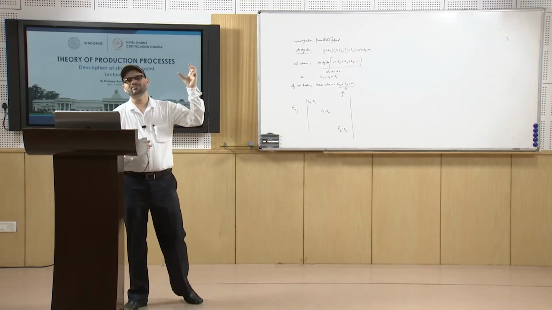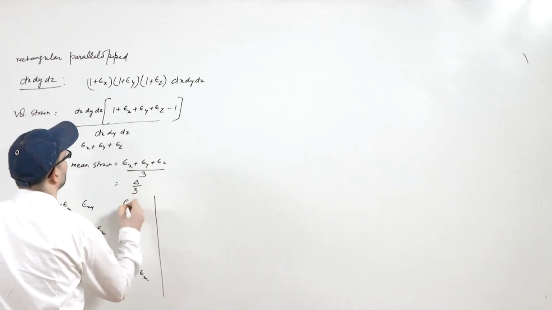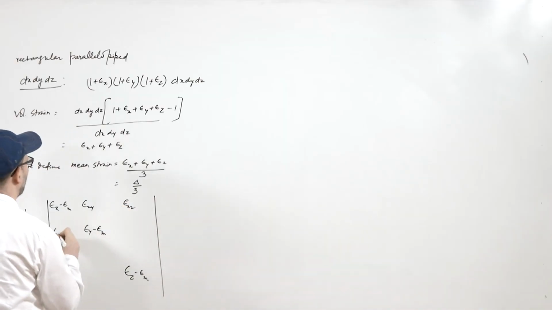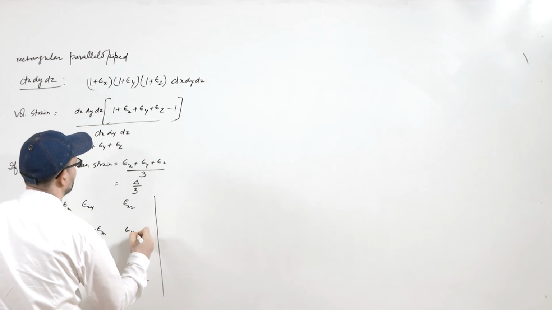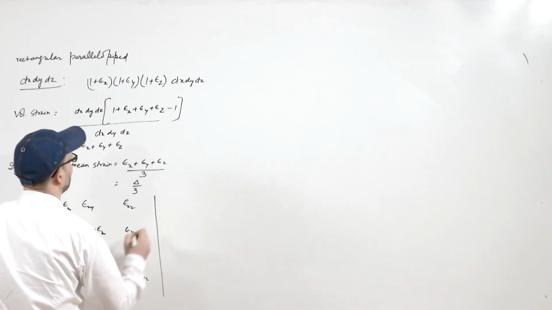Then you have all the other components: xy, xz, yx, yz, zx and zy.